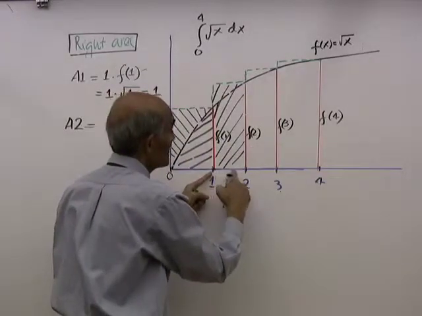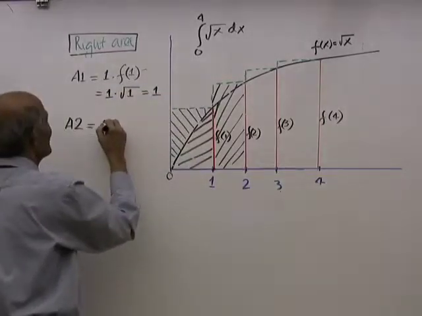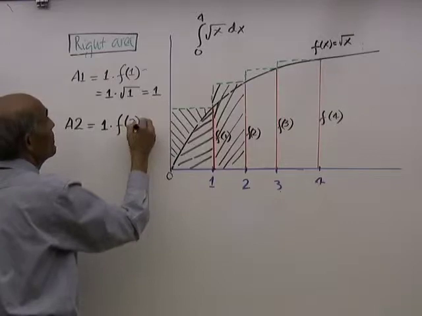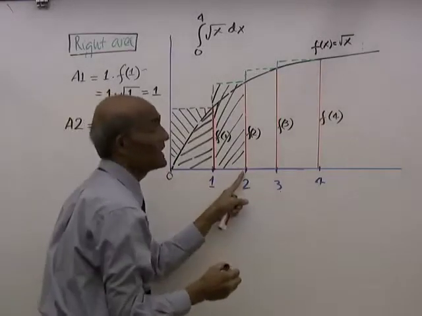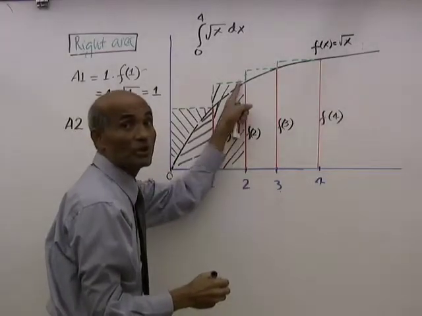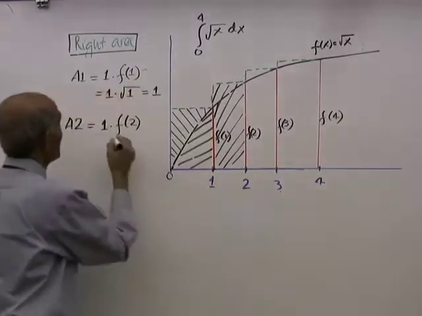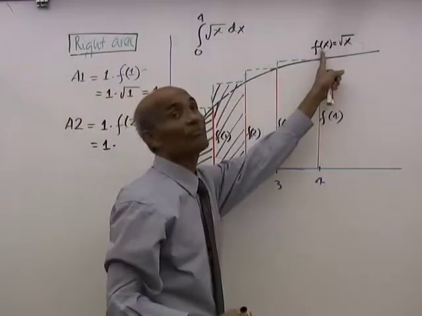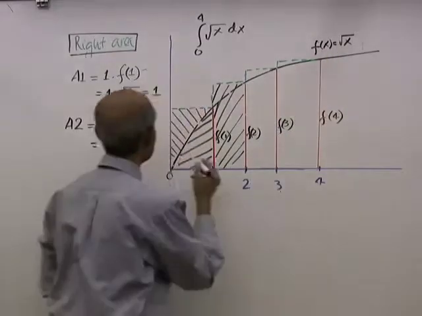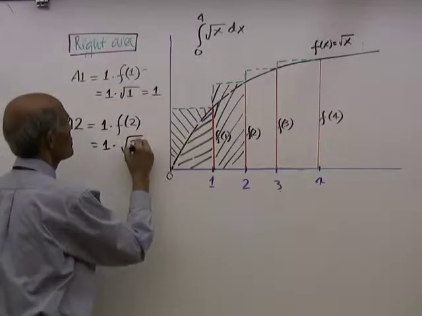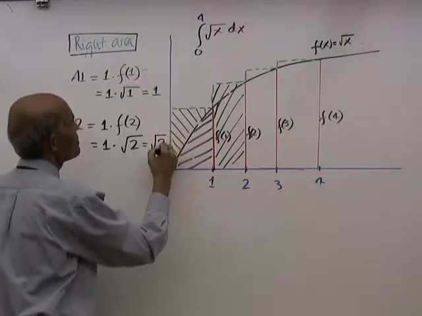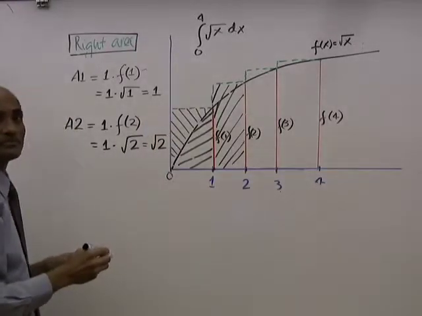So that will be delta x is 1 multiplied by f of 2, because the x value there is 2. And that will be 1 multiplied by, what is f of 2? f of x equal to square root of x. f of 2 equal to square root of 2. And that will be square root 2 units.